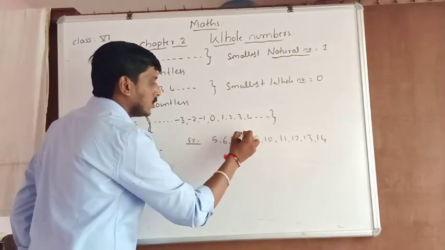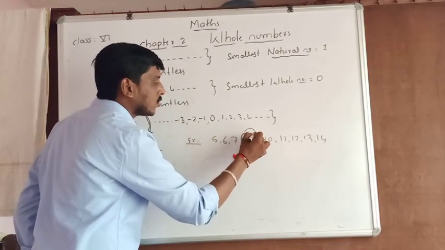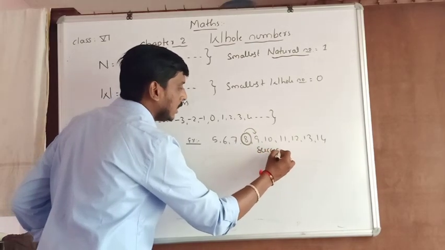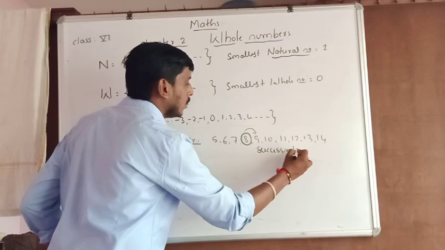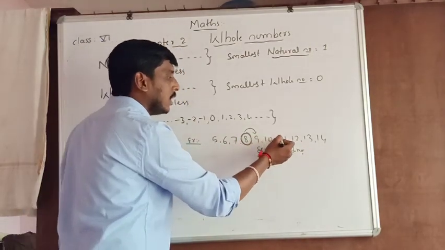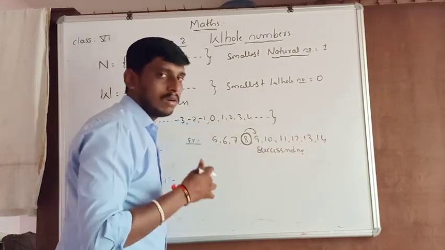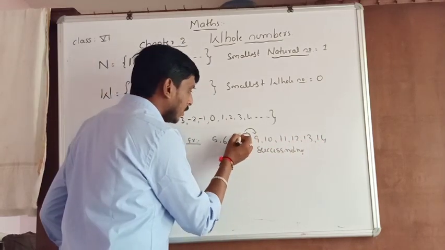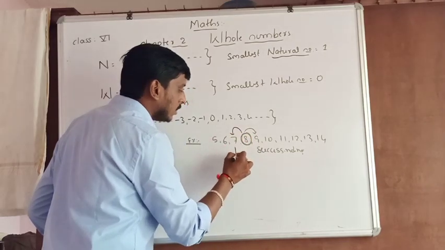Round it. So the next number, 9, is called the succeeding number. The next coming numbers, 9, 10, 11, 12, 13, 14, are called succeeding terms, and 7 is called the preceding term.